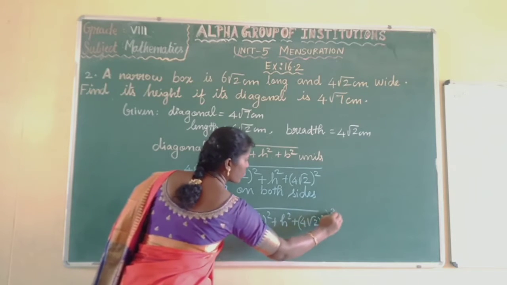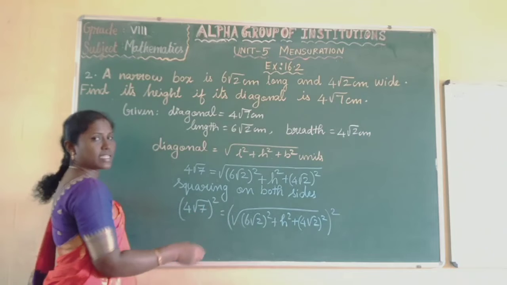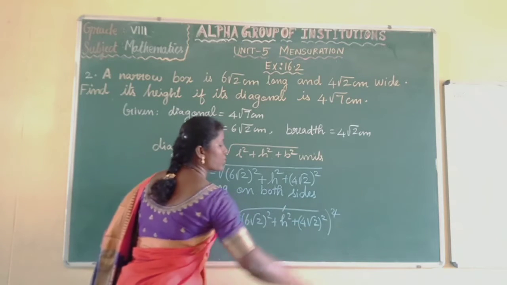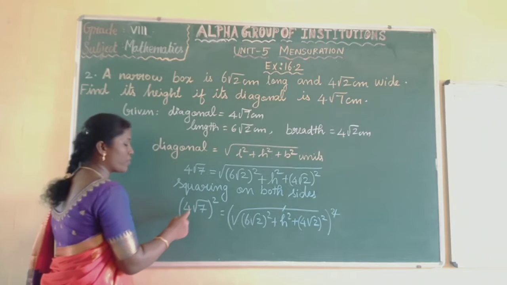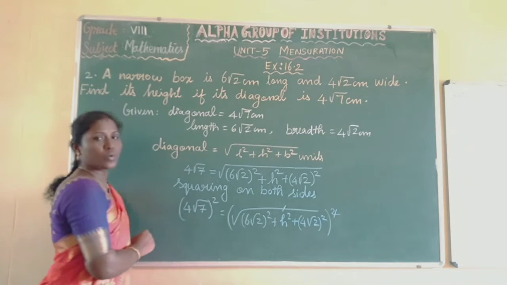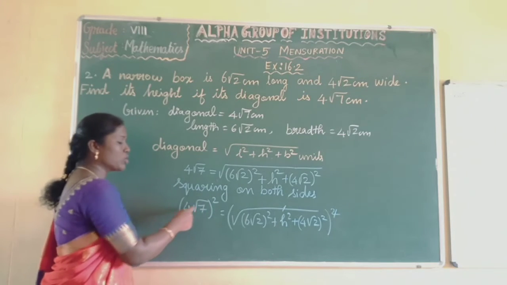Here square and square root will get cancelled. This square is common for both 4 as well as √7.